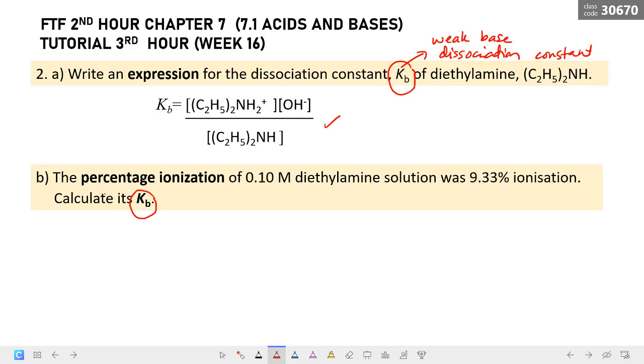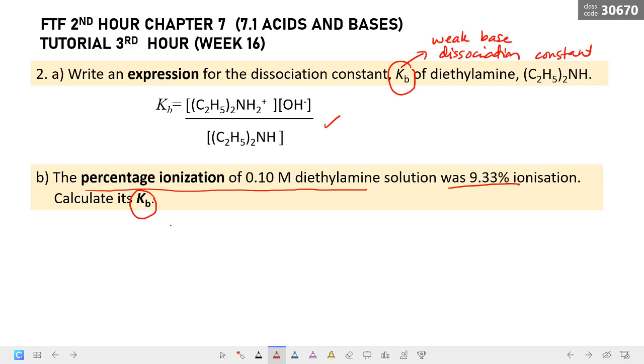Okay, if given to you the percentage of ionization of 0.10 molar diethylamine was 9.33%. Kita tak nak kira pH, tapi kalau you tengok soalan 2A tu tadi, dia tak bagi Kb pun. Kita nak kira Kb sekarang, which is weak base dissociation constant. Okay, baik.